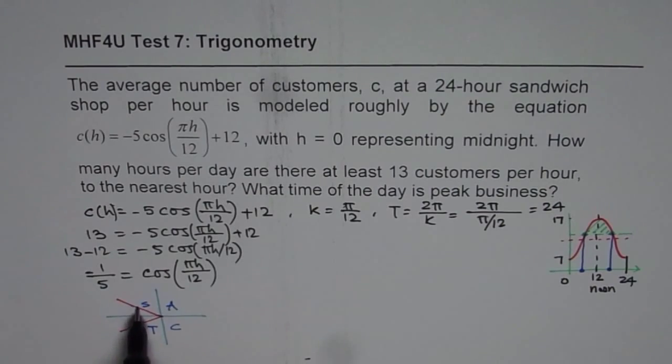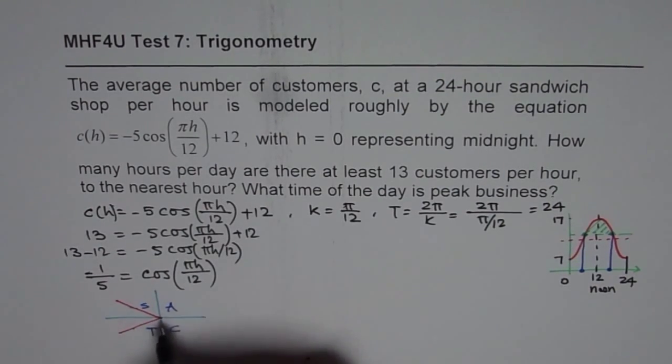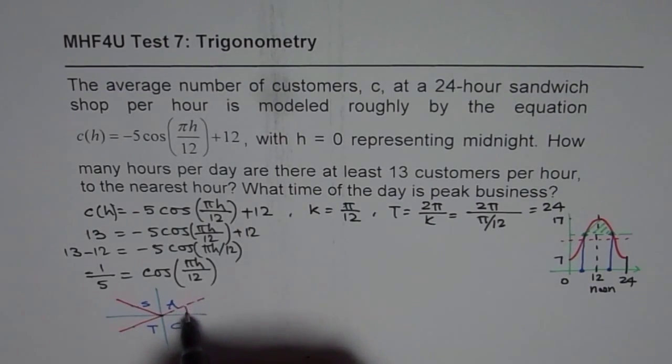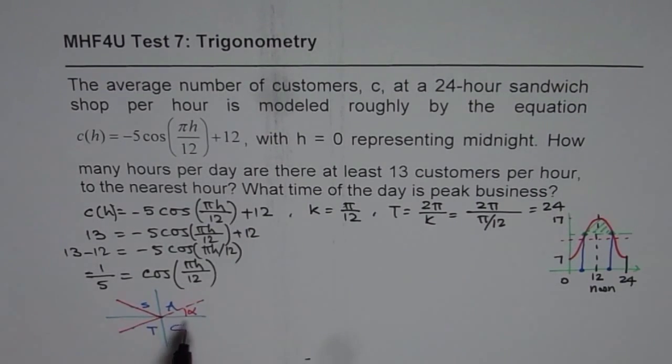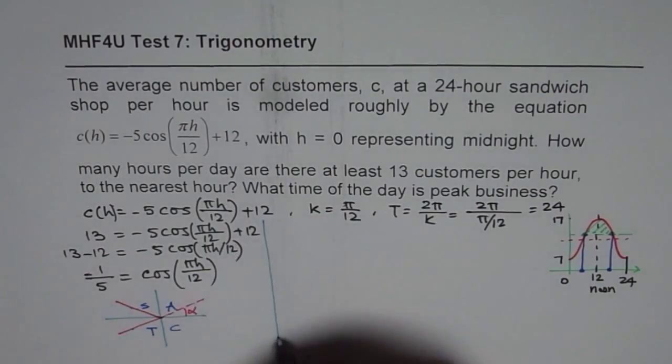So cos is negative in these two quadrants. Our strategy will be to find the related acute angle alpha, and then pi minus alpha and pi plus alpha will give us these two points. And then we will find the solution.